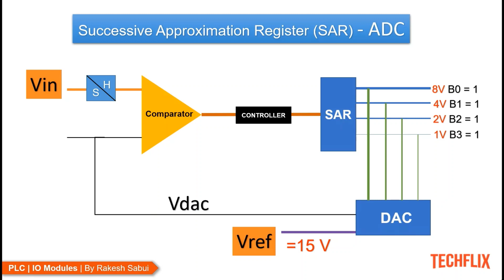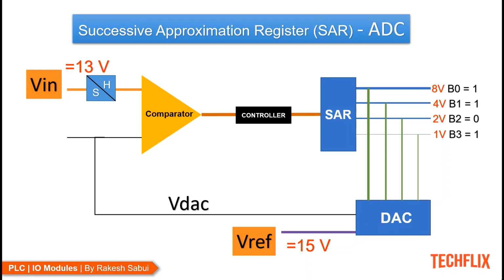So, let's consider the input voltage is 13 volts. Now the binary bits would be approximated accordingly, and certain binary bits would be high, as shown. In this way, the SAR compares input voltage and reference voltage and produces binary bits.